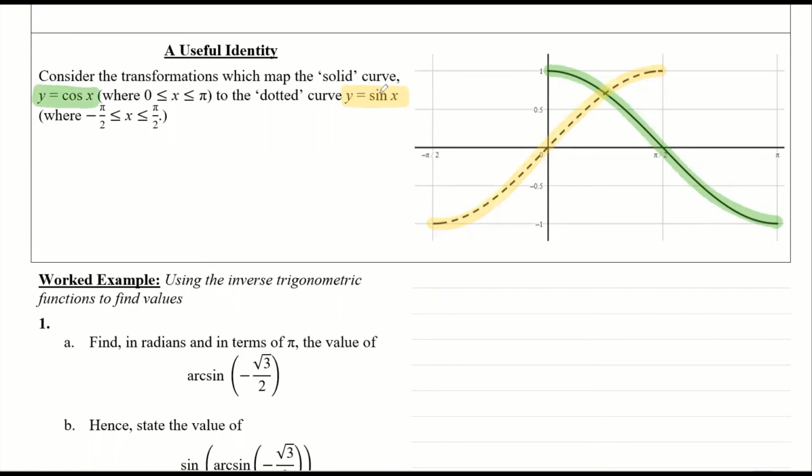Now, we've got a couple of options here on first glance. Now, the first option might be if we take the green curve, which is where we're starting from as our starting point. One thing we could perhaps do is to reflect in the y-axis like so. All right, so that's a possibility. Let's just jot that down.